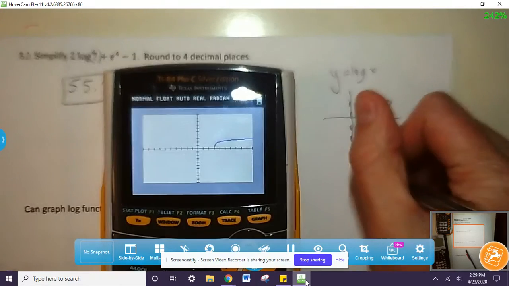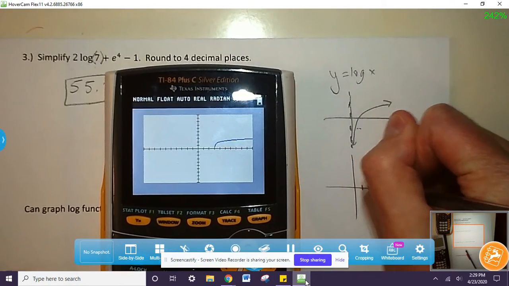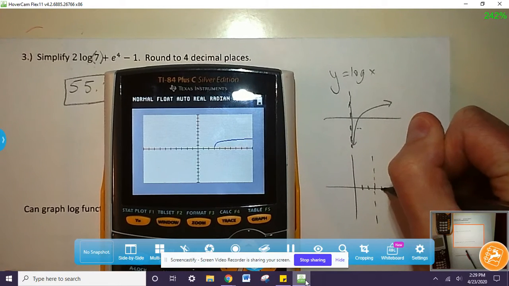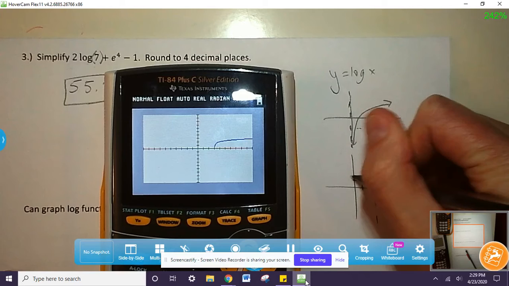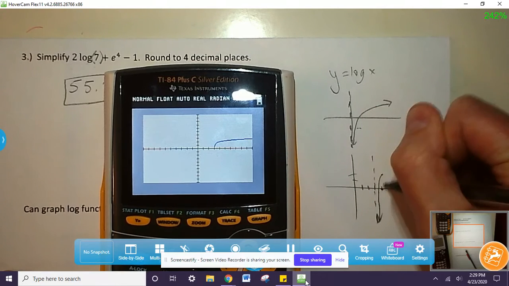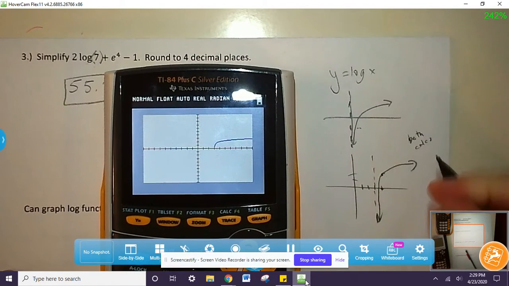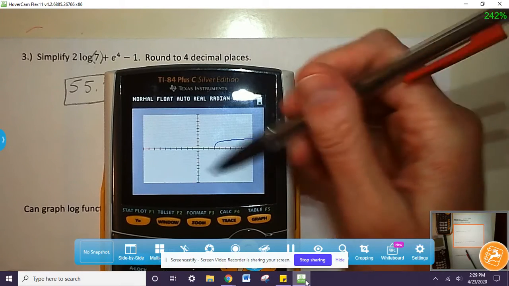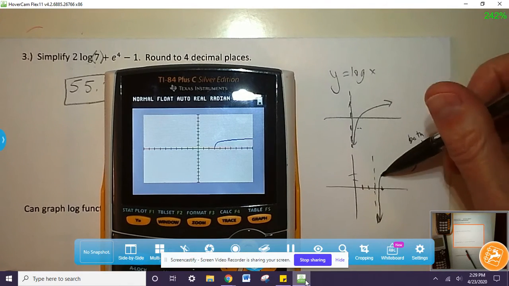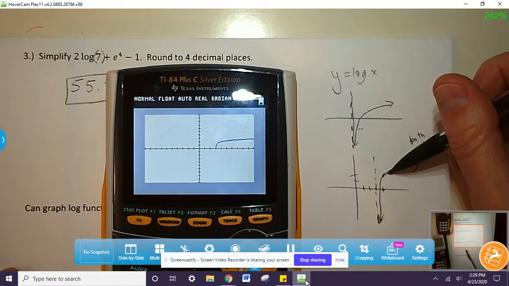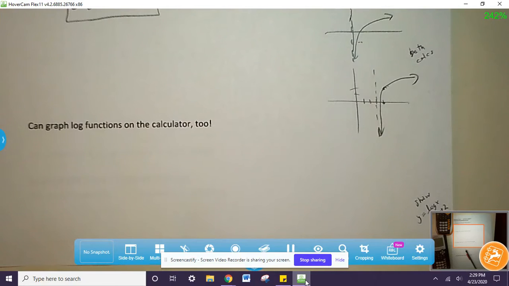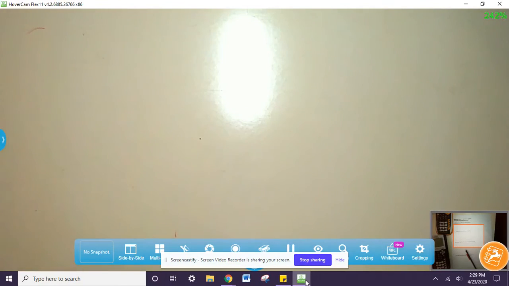What the graph should look like is it should have gone 3 to the right, moving the asymptote to 3 and the intercept to 1, and then up 2. So the graph really should look like this. It should not chop off at the end there. So even though the calculator shows it kind of incorrectly, make sure that if you were to sketch it, you sketch it properly.